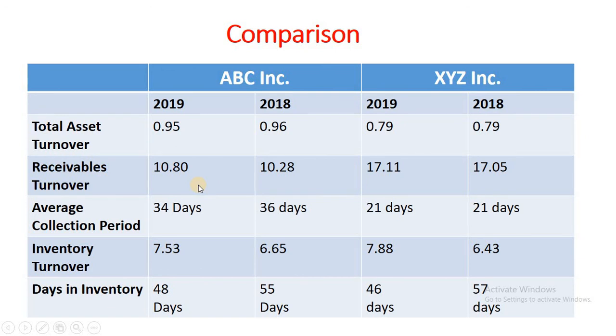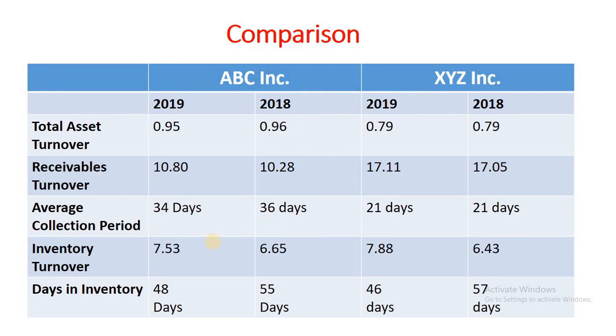In the same way, the average collection period of XYZ Corporation is better than ABC Corporation because XYZ Corporation takes 21 days in both years to collect its account receivable, whereas ABC Corporation takes 35 days in 2019 and 36 days in 2018. So if we compare, we should suggest that ABC Corporation should take steps to collect its account receivable quicker.